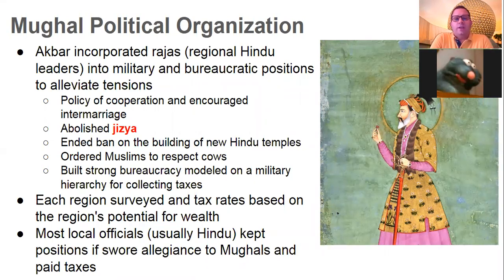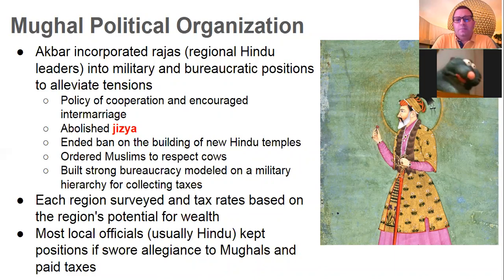He tried to cooperate with them, to bring them into the fold, hoping that if they began to marry with the Muslims, Hinduism would just eventually fade out, because when they married, they would convert to Islam and then their children would be Muslim. So he encouraged intermarriage, because rather than trying to kill them, he saw that as the way to bring them into the fold.